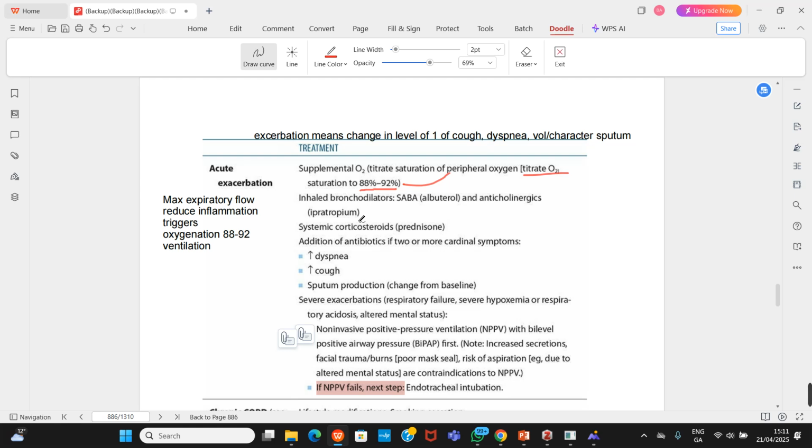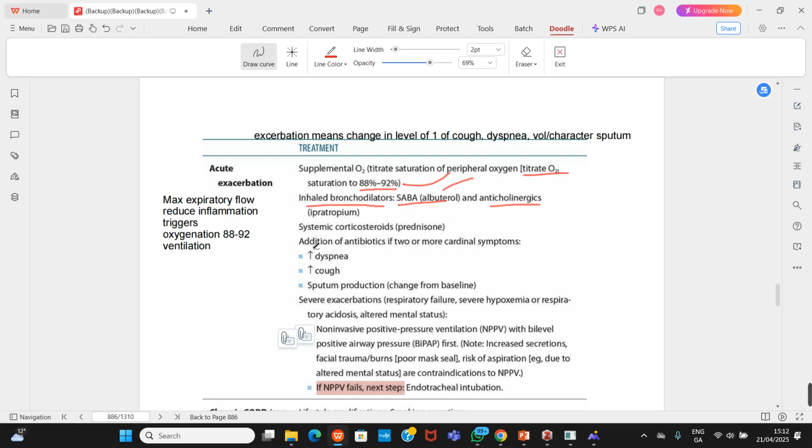Then you want to reduce the airway resistance, because there's bronchoconstriction, there's airway narrowing already. So give them inhaled bronchodilators. Just like in asthma, you can give them the SABA usually, or anticholinergics like ipratropium. You can combine both of them. Don't forget, this is not when we'll be giving salmeterol. Use albuterol, SABA, something short acting that can quickly relieve that obstruction.